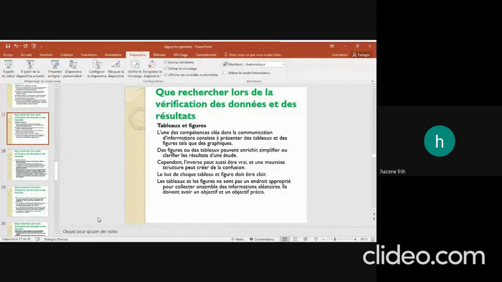The purpose of each table and figure should be clear. Tables and figures are not a suitable place to collect random information together. They should have a specific purpose and focus.